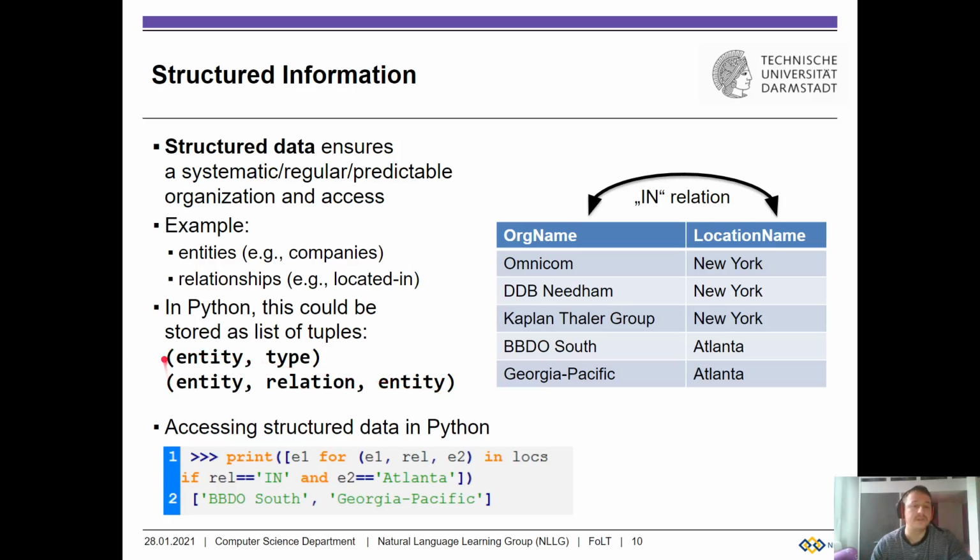Both these kinds of information can be complementary. Once we have the relation information, we know how entities interact with each other and how they are connected with each other. And this type information additionally gives us information that entity number 1 has a specific type and entity number 2 has another type.